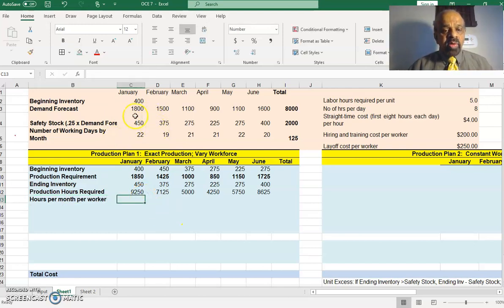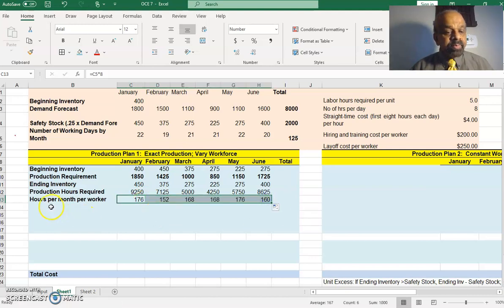For the month of January, it is 22 days times, for each day there are 8 hours. I'm going to use 8. So that is 176 hours that my people can work for the month of January. I'm going to copy and paste for the rest of the months.